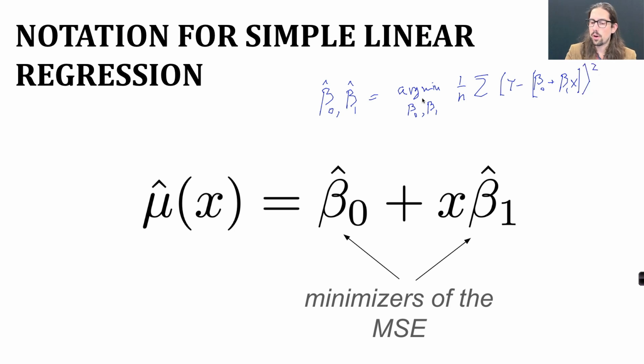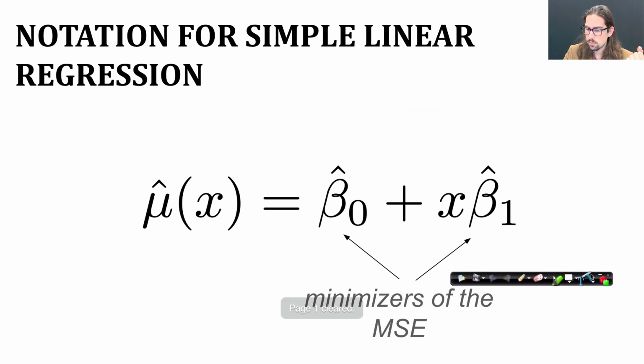What this is saying is that over all possible choices of beta 0 and beta 1, I'm searching all possible numbers, and the ones that I'm putting a hat over, the beta 0 hat and beta 1 hat, are the ones that give the smallest mean squared error over all possible choices. So that's how these numbers are defined to be minimizers of the MSE, which we know already.